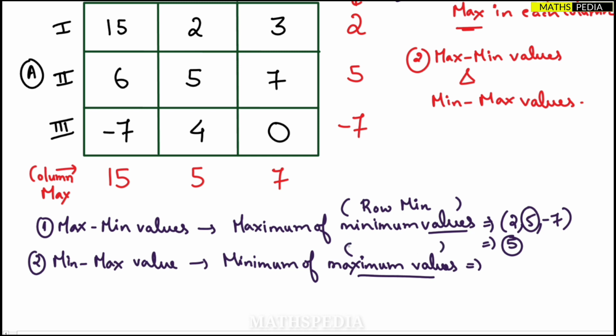Maximum value, we know it is related to column, we found out it is column max, right? So column max is nothing but 15, 5 and 7. In that we have to find the minimum value, which is the minimum number. Minimum number we know is 5, right? Minimum of this is nothing but the second step, a very important step.